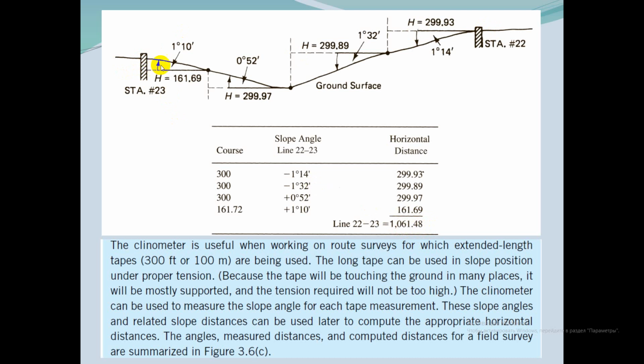So you find these angles by clinometer, and then you find the horizontal distance, and then this horizontal distance you summarize.